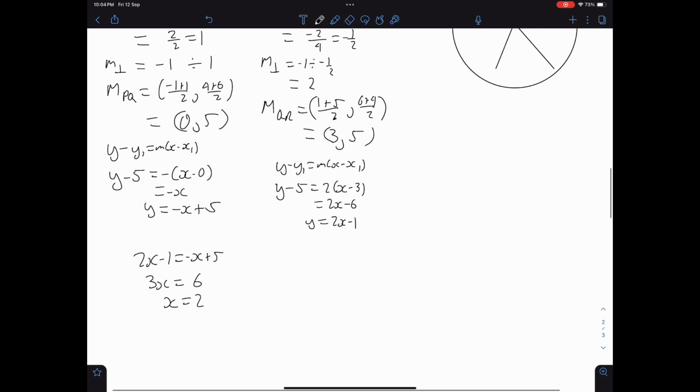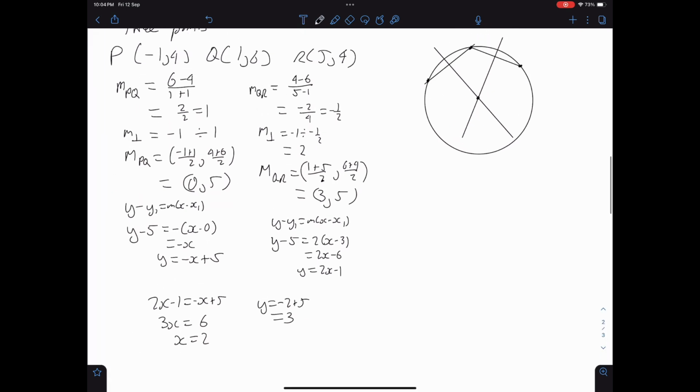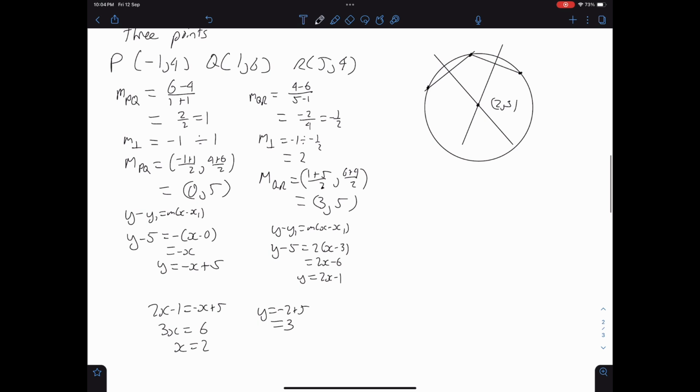So we found our x-coordinate of the centre. Now we substitute this back in. And that's equal to 3. So then that would be (2, 3). And now we just do a distance formula. So r is equal to, let's do point R, (4 minus 2) squared plus (5 minus 3) squared.